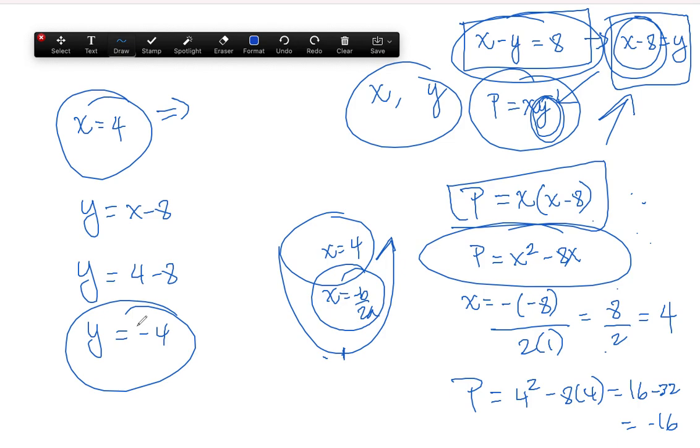So h is also the axis of symmetry. The other number you will find by their difference or their sum that you were told, and you'd set up an equation for that. So we got the negative 4 from knowing that their difference is 8. Knowing that one of them is 4, we do 4 minus what equals 8, and it becomes clear the other one has to be negative 4.